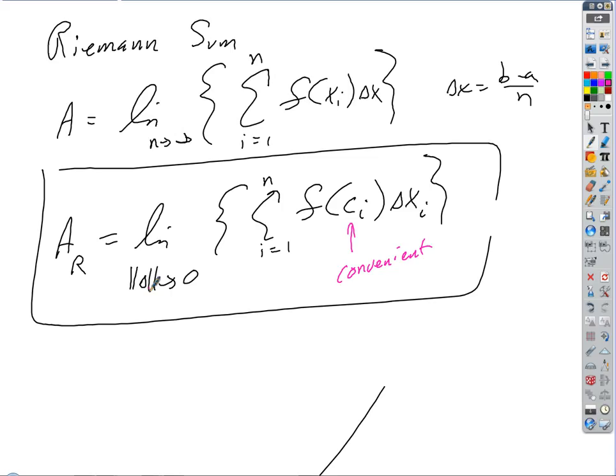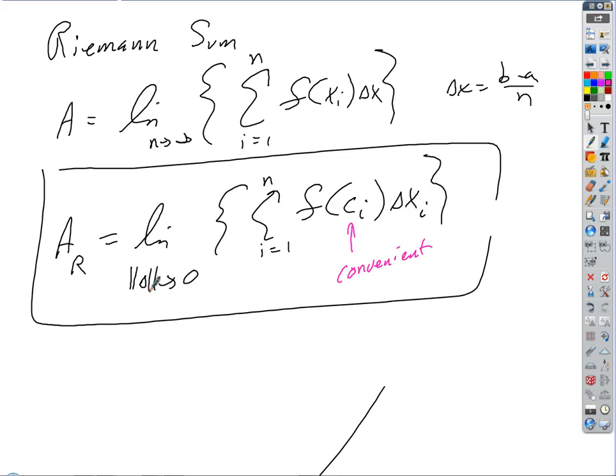So that's all that stuff means. This is the way you're going to see it in a textbook, for example. But in almost every case, what we're just going to choose to say is, well, okay, let's not index these. Let's let delta x sub i just equal b minus a over n.